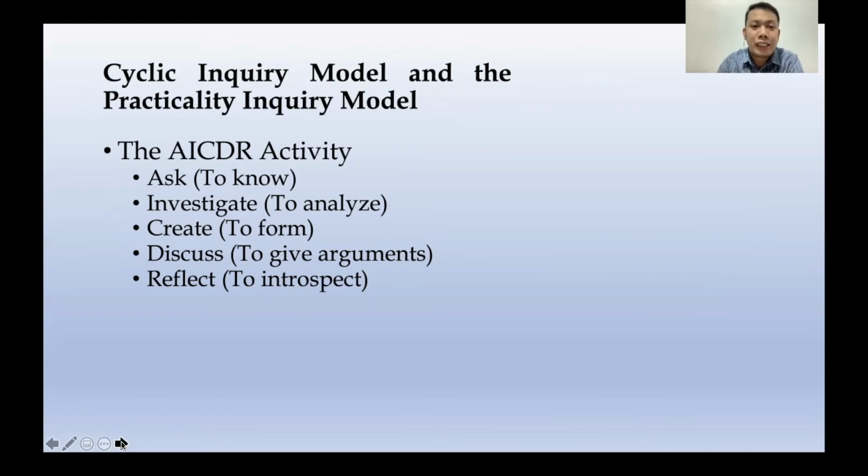For the sciences kasi, it is more applicable since in sciences, there is more investigation. So for example, your topic is about population. What are those things that you would like to know about population? That is the first step: you have to ask.